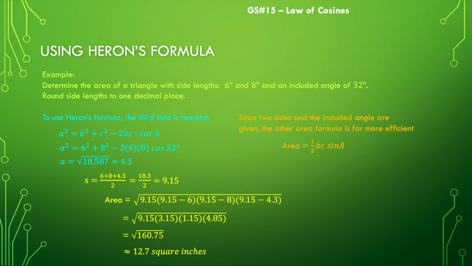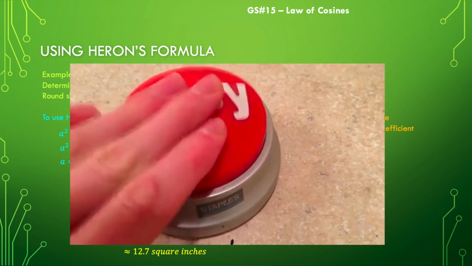If I substitute in b, c, and sine of A, I end up with one half times 6 times 8 times the sine of 32 degrees, which gives me 12.7 square inches. Much more quick, efficient, and easy.